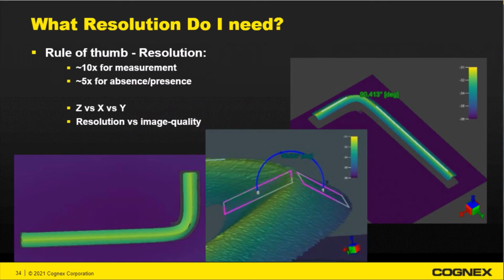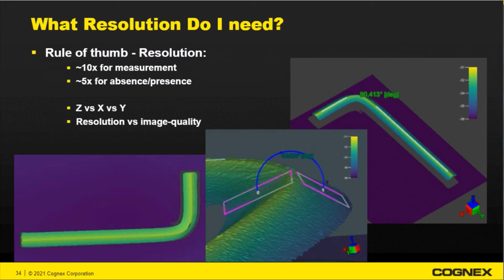So, Kai, what kind of resolution do I need? Yeah, there's a common rule of thumb. We would recommend roughly 10x for measurement applications and 5x for absence and presence applications.